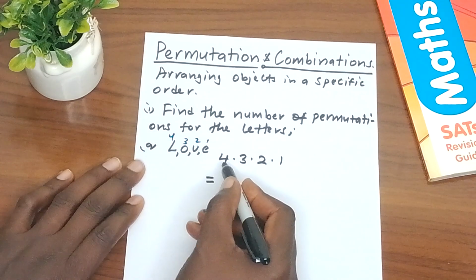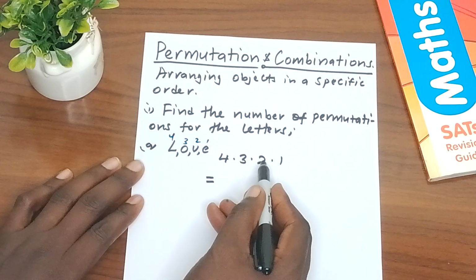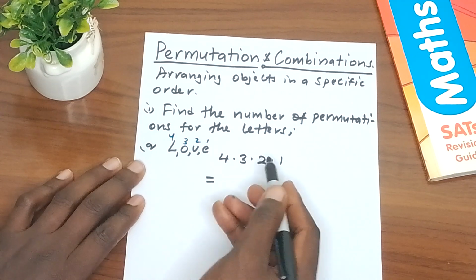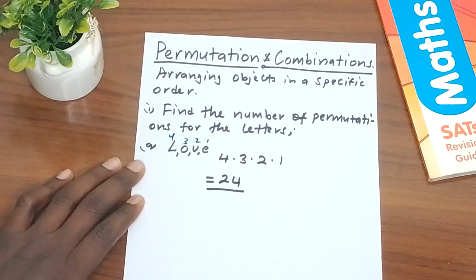We take 4 times 3, which is 12, 12 times 2, which is 24, 24 times 1, that is 24. That means that there are 24 ways the word love can be written.